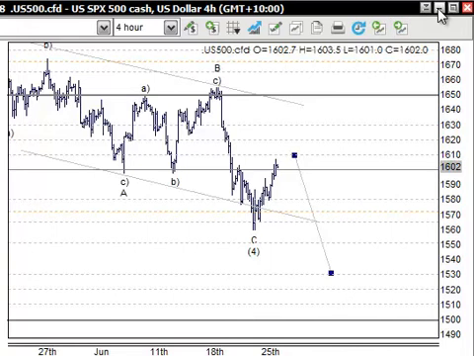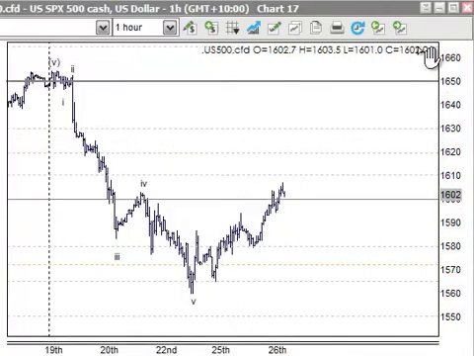The other situation is that if we look at the hourly chart here, it's just not complete. It can be counted either way, but the way that I see it so far is that we can count this up for 1 and back for 2 here, this up for 1 and back for 2, up for 3.